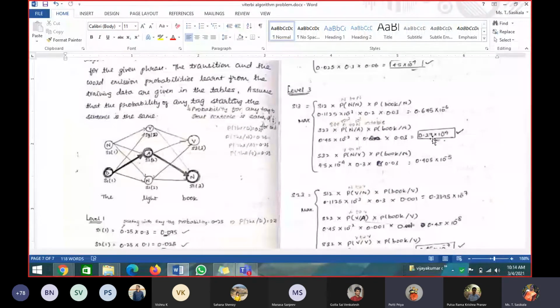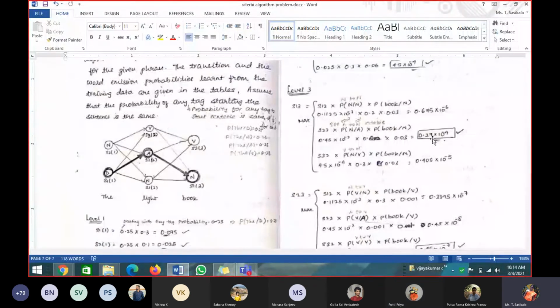Sorry, for S32, 0.405 into 10 power minus 5. Okay, fine. So among these 3, which is the highest? 0.27 into 10 power minus 4. S22. So please make a tick.